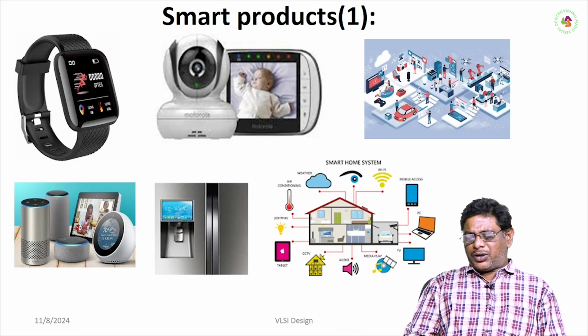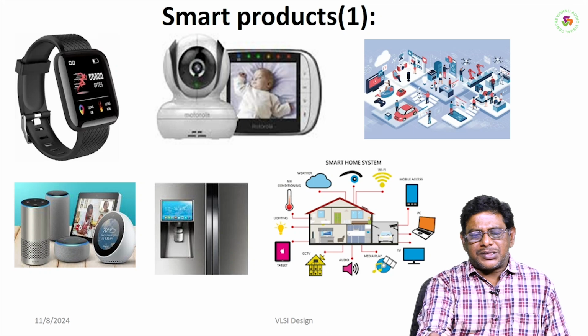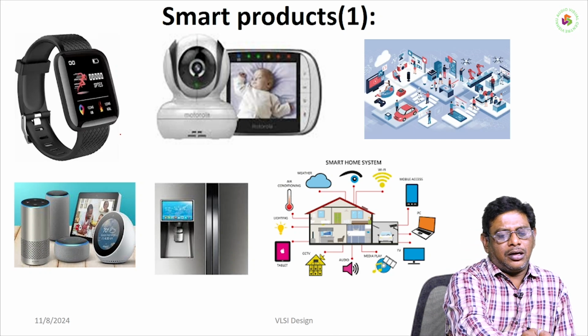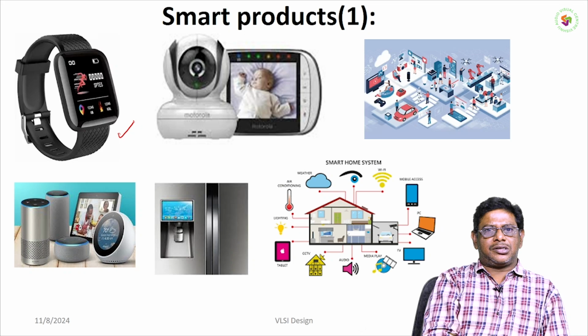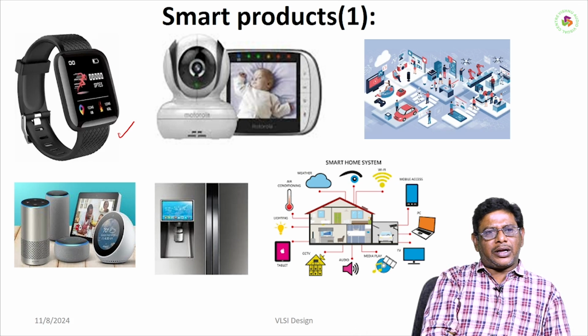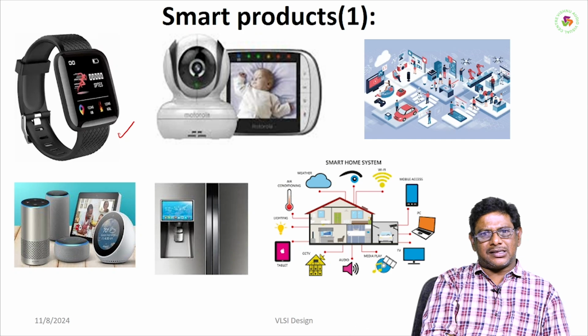Coming to smart products, nowadays whatever we are using, as you know, are smartwatches. Nowadays we consider different types of health parameters, and in order to capture those health parameters we need a number of sensors.